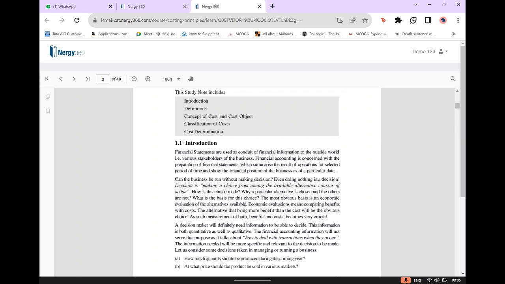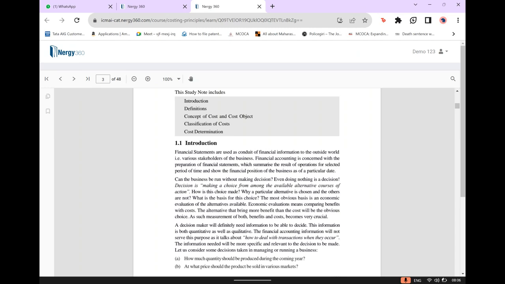But when we talk about the cost and management accounts, it is very much important for the internal management to have an informed decision. So you can have MIS and all. With the help of this, you will be able to take an informed decision as to whether to continue the product or expand the line of business, or any other decision to shut down the business.